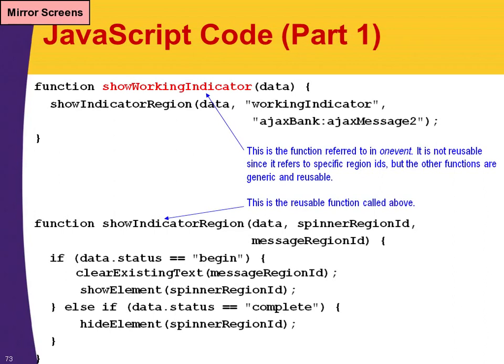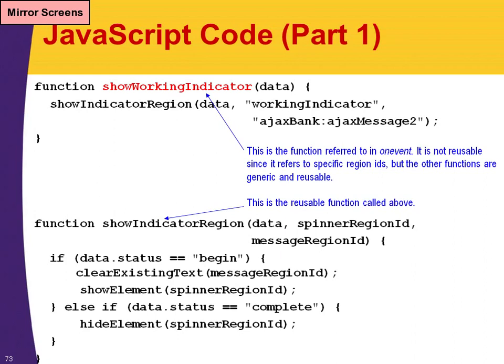This is actually broken into two functions. One is the one that gets called by onEvent, and that calls another function, which is a more shareable function because it doesn't refer to a specific thing. It's taking a pair of IDs so that it's a generic function.